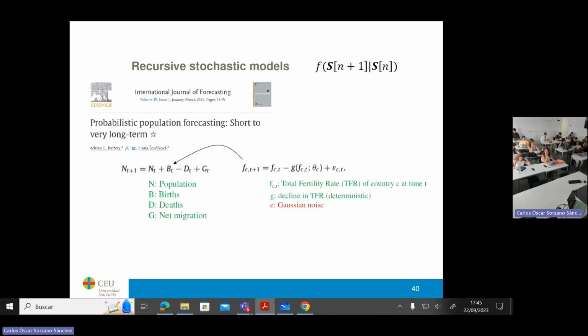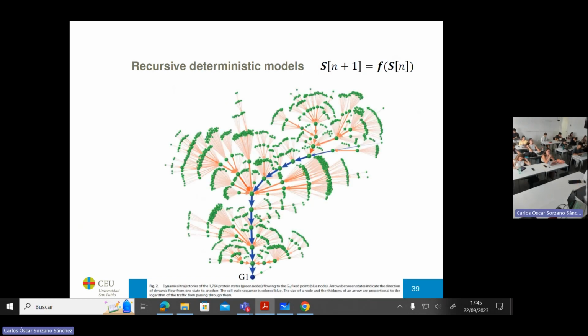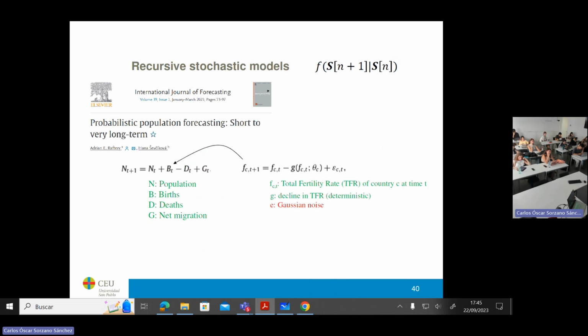Now, this function here is not deterministic as in the previous case, but stochastic. For instance, in this paper, what they do is model how populations grow over time.